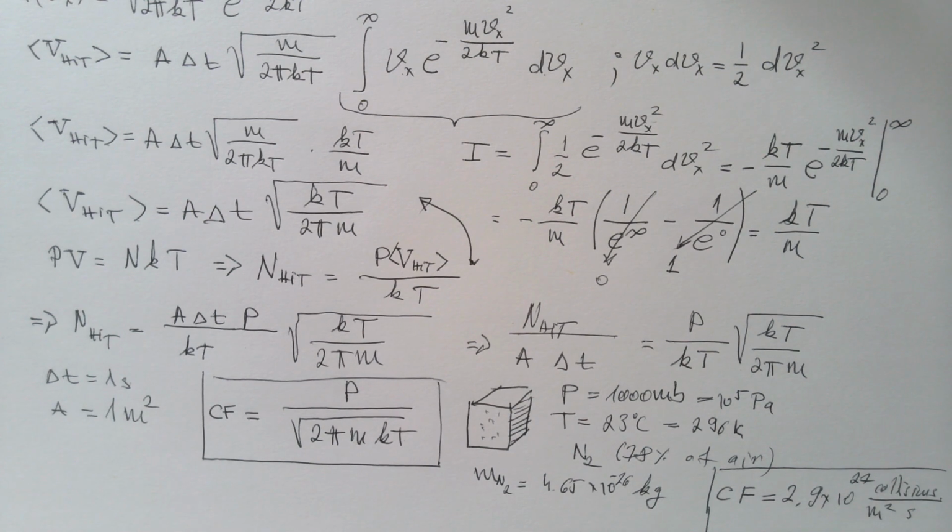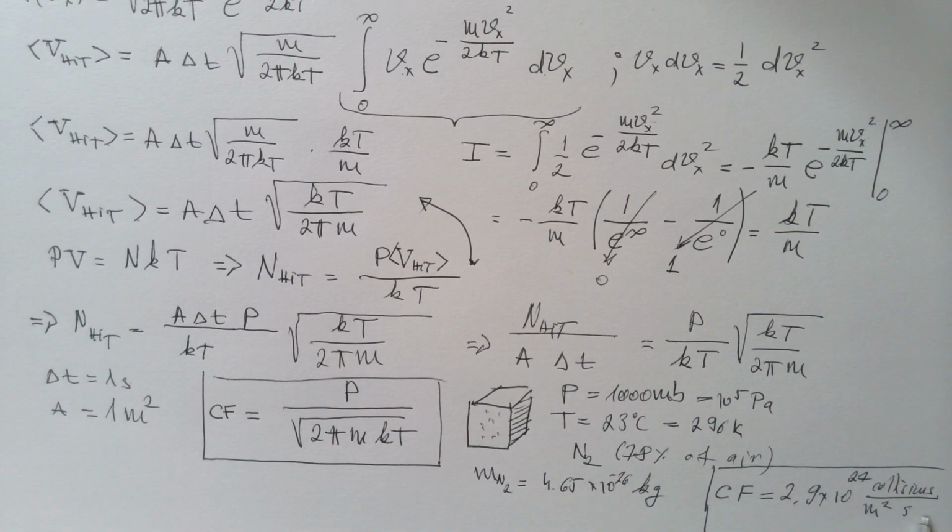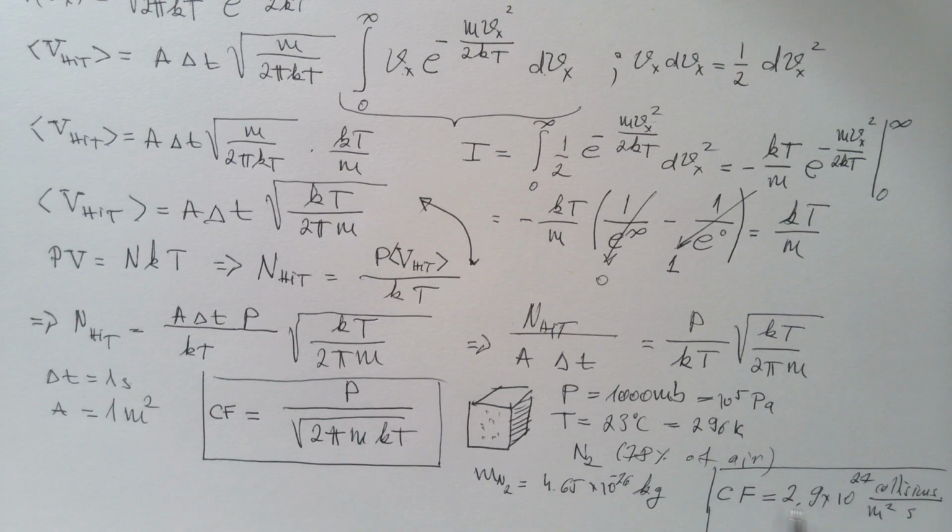Atmosphere is absolutely beautiful, and we live surrounded by air, never thinking what is going on around us. And what is going on is that atoms of nitrogen are bombarding 1 square meter of your room this many times in 1 second.